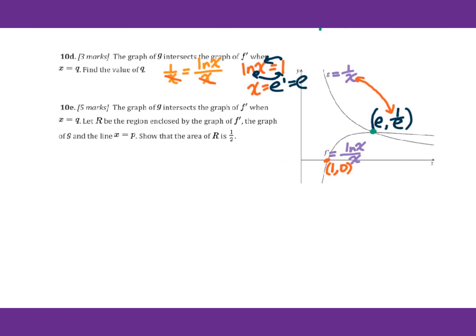10e. Let R be the region enclosed by the graph of f prime, the graph of g and the line x equals p. Show that the area of R equals 1 over 2. I will draw this line x equals 1, intersecting here. Then this is the area we are looking for.